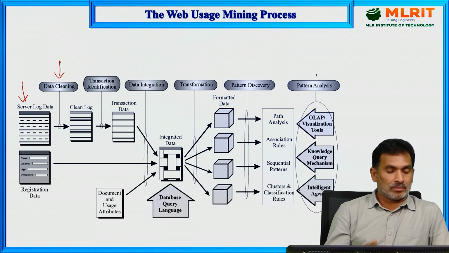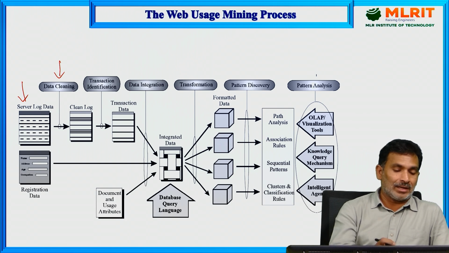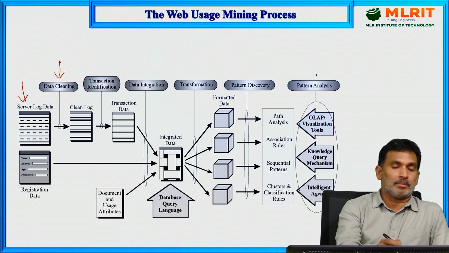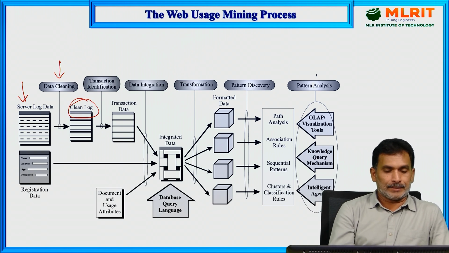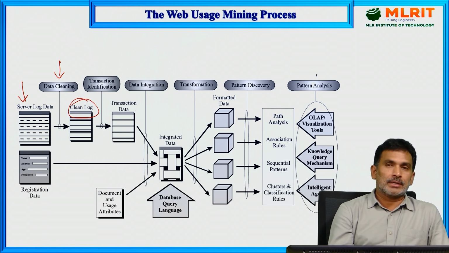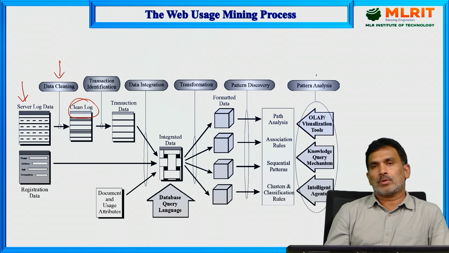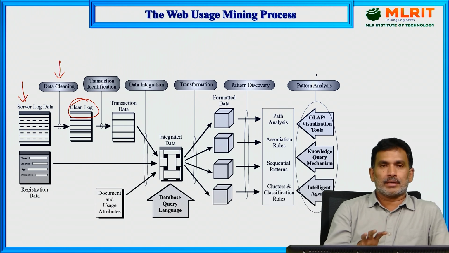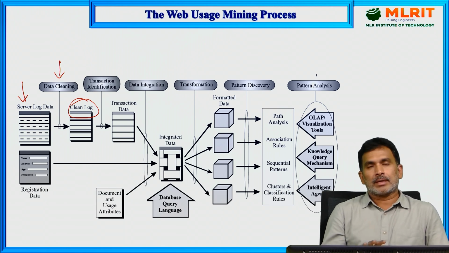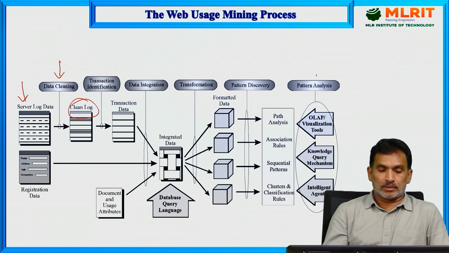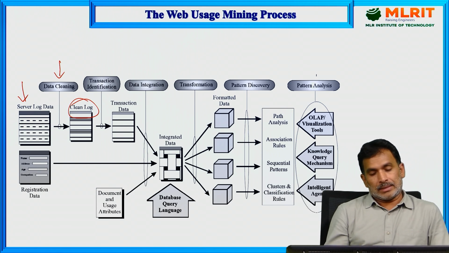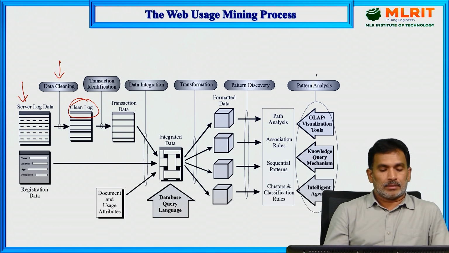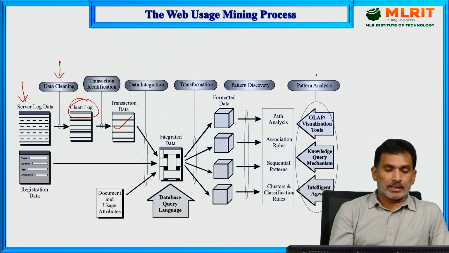If the cleaning is applied to this log file data, we get the cleaned log data. Then transaction identification: if you want to identify the relevant transactions, or the transactions done by a particular customer, the transaction identification is done. Then that will be the filtered data, which is going to have the transaction data.